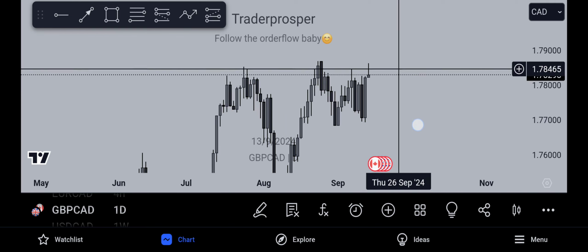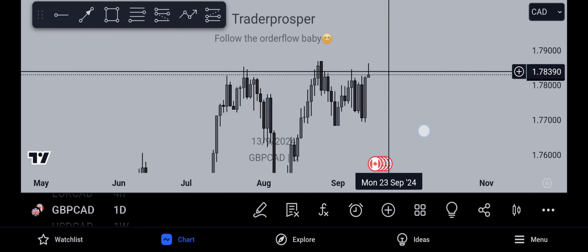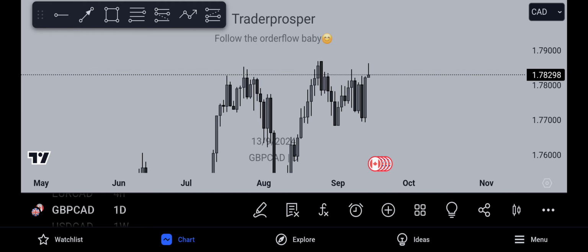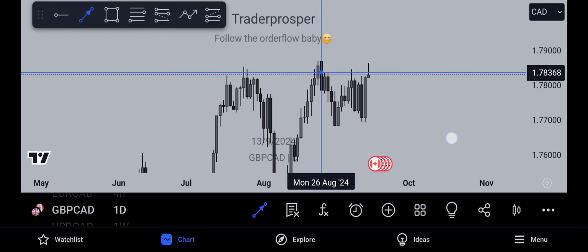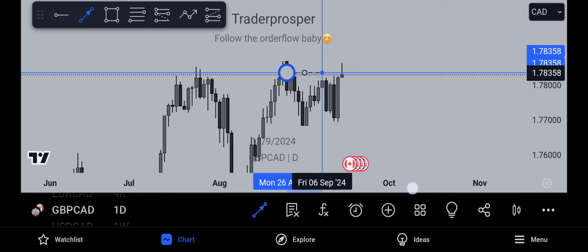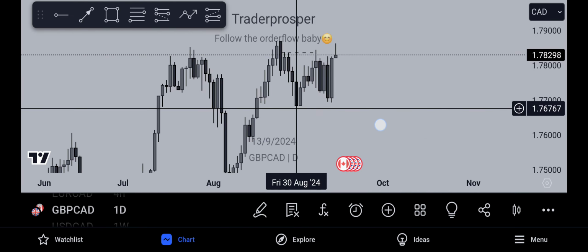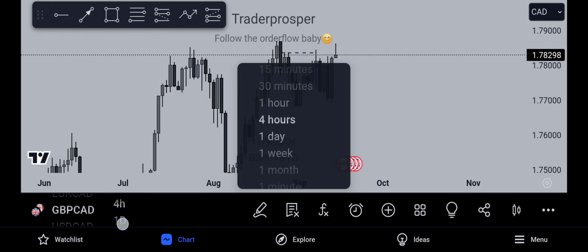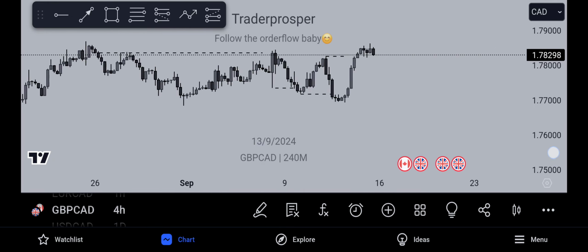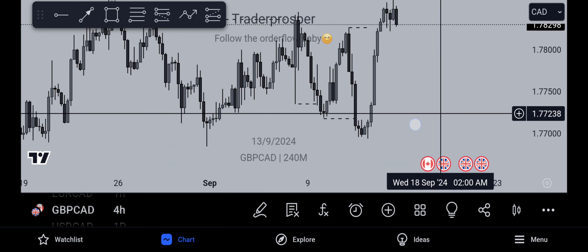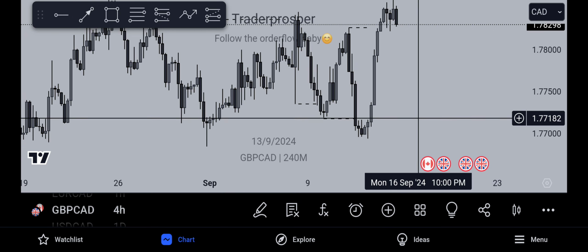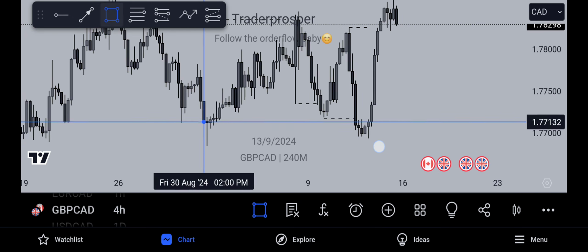But then this seems to have taken this one's break of structure, and here is now the strong low to continue that buy. So I was like, okay, this was what happened eventually, and you can see that it was just coming from that other block.